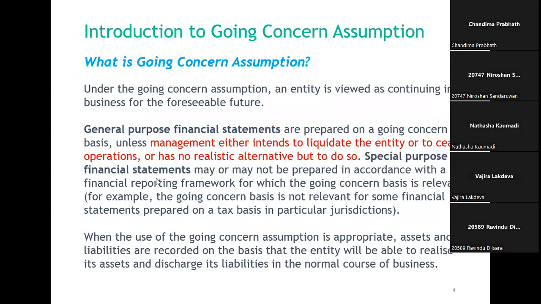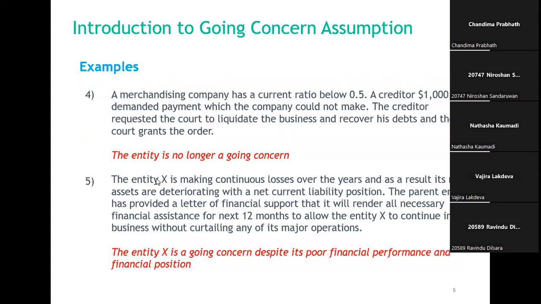So what does it say? Unless management either intends to liquidate the entity or cease the operation, or has no realistic alternative but to do so. Here, with the court order, management has no realistic alternative but to do so. So the entity is no longer a going concern, which means they cannot prepare financial statements on the basis the entity is a going concern.